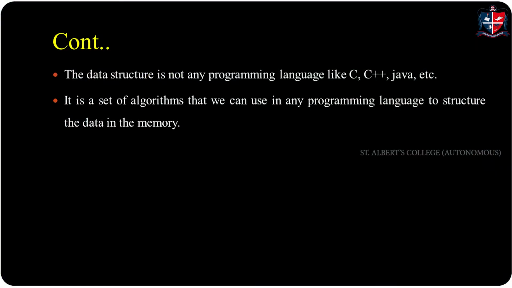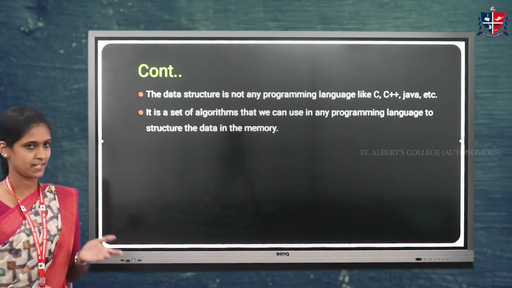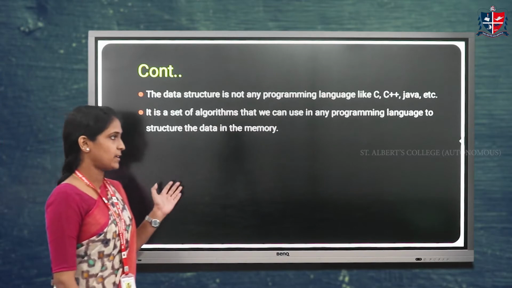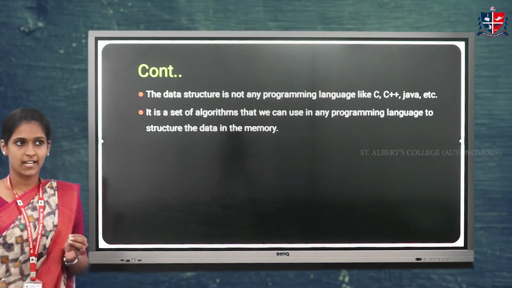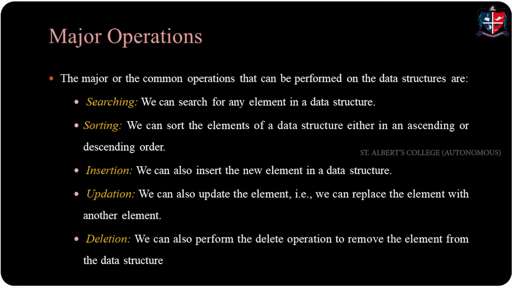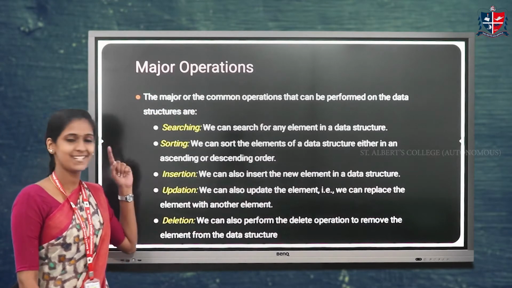As I already told, a data structure is not a programming language like C, C++ and all. It is a set of algorithms that are used in the programming language in order to store the data in the memory. These are the major operations which we can perform in data structures: searching, sorting, insertion, updation and deletion. Searching means, in order to find a particular element in the data structure, we perform the searching operation.